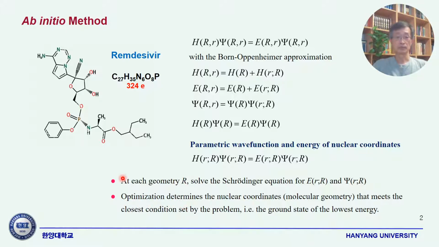So basically you compute or solve the Schrodinger equation to find the electronic energy for a given nuclear coordinate, meaning a conformation or structure, and then the second thing you can do is optimize the structure, lowering the energy.